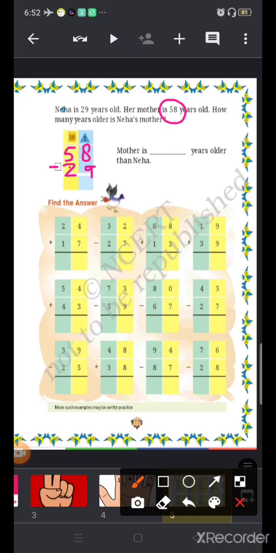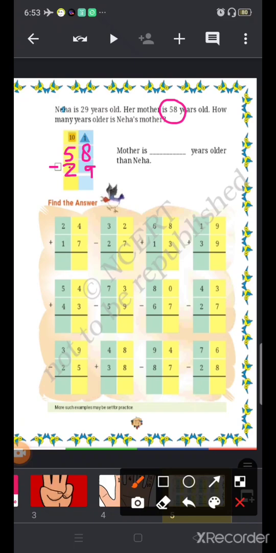First we'll subtract the ones place, and then the tens place. In the ones place, what numbers are given? 8 and 9. We'll subtract 9 from 8. Can we subtract? Yes or no? No, because 8 is smaller than 9. So what should we do? We can borrow one from its neighbor.